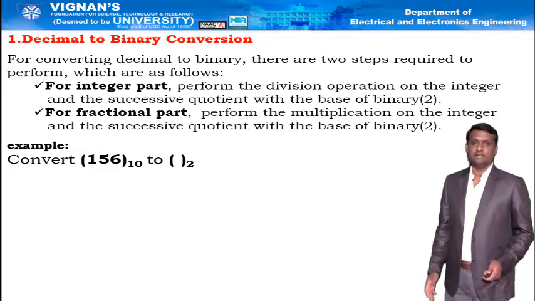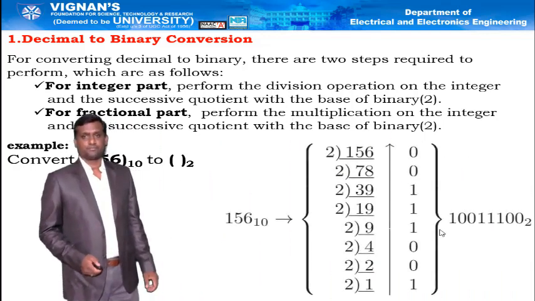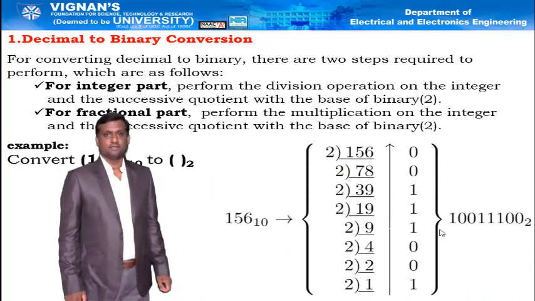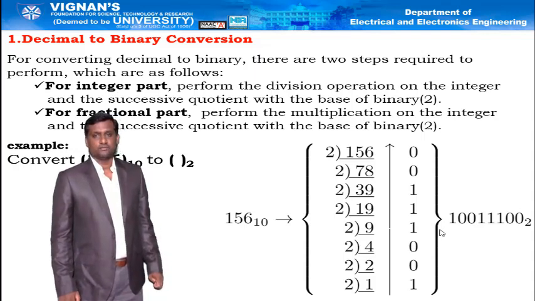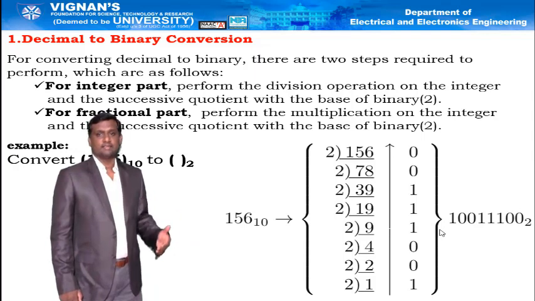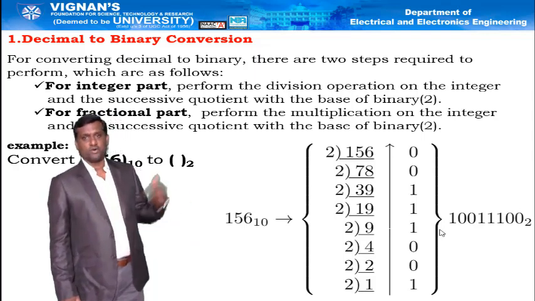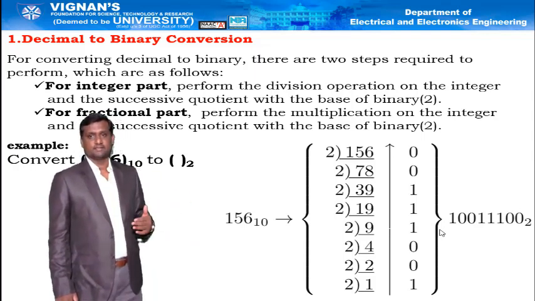So that we will see here. So if you see, 156 is divided by 2. Then in the first division, we get 78 and the remainder is 0.